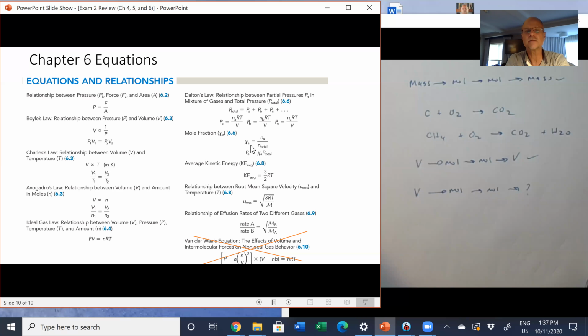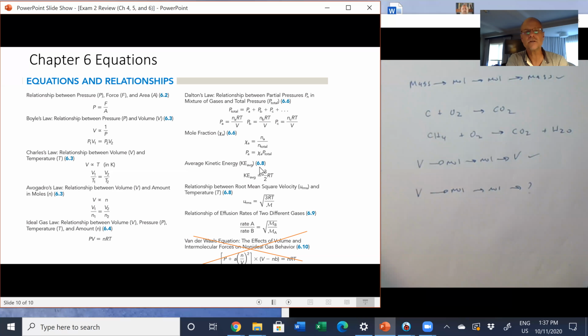The mole fraction of a component A is equal to the moles of A over the total number of moles. And the partial pressure of A is equal to the mole fraction of A times the total pressure. So if you have 1 atmosphere of total pressure and you have a mixture that has equal number of moles of two gases, right, then each gas has a partial pressure that's half of the total pressure.